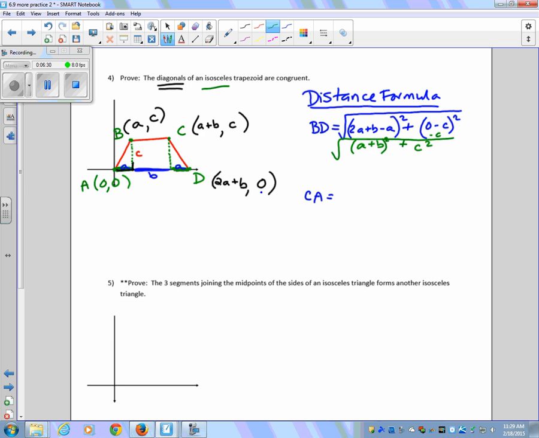Now, if we were going to multiply it out, remember, what is A plus B, in parentheses, squared? So it's A plus B times A plus B. So it's A squared plus 2AB plus B squared plus C squared.